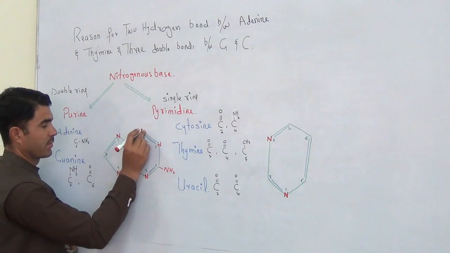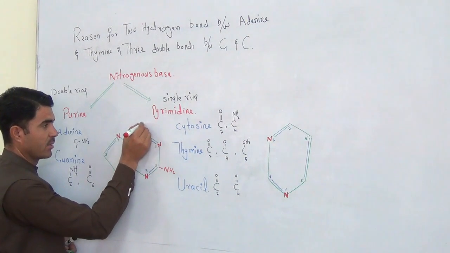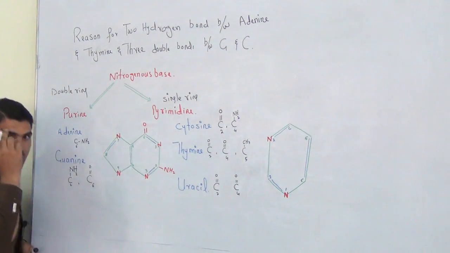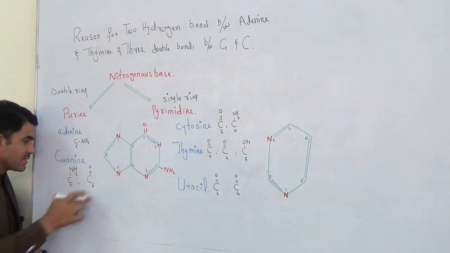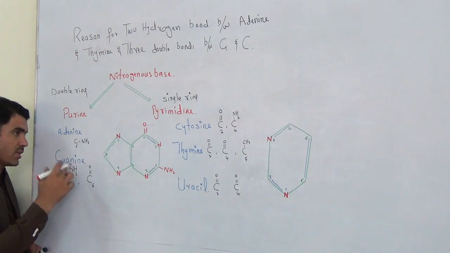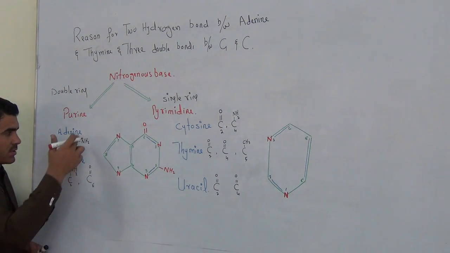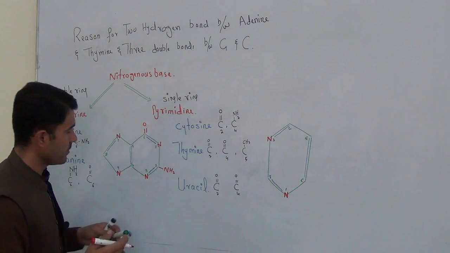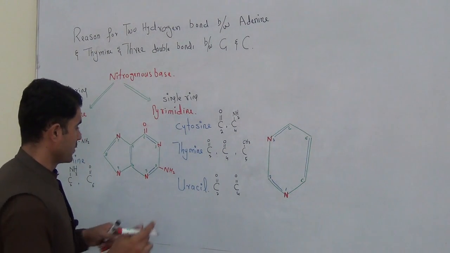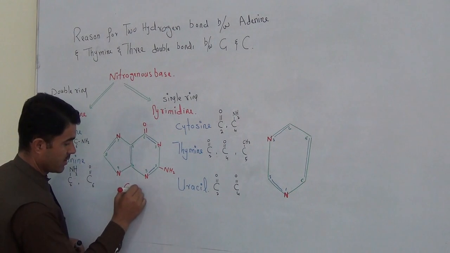Where is this one? It is carbon number 6. So here we have double bond O. So a student needs to memorize this only, and he or she can memorize the whole structure. And in this way we got the structure of adenine and guanine. So this is guanine, right?